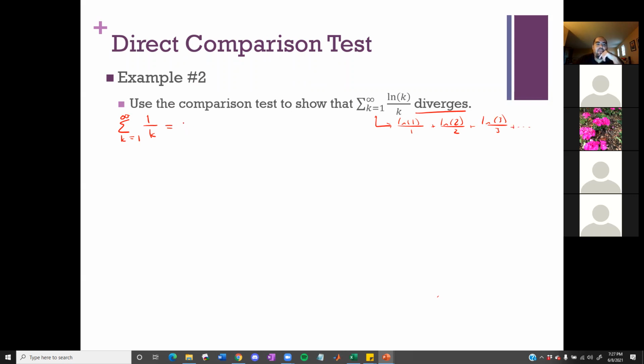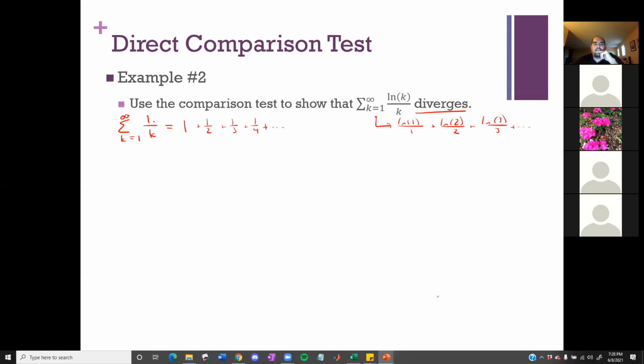This guy is going to be 1 plus 1 over 2, plus 1 over 3, plus 1 over 4, and so on. So I am trying to show that this natural log of k over k diverges.